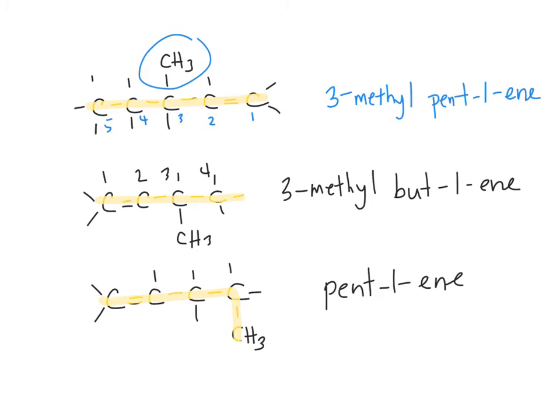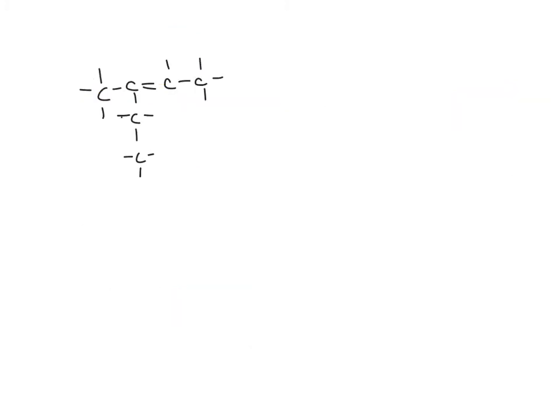Here's a challenge. Try and name this. Pause the video, try and name this, and then check your answer. This is actually 3-methylpent-2-ene. If you start from this end, don't lift your pen up, the longest continuous carbon chain is actually 5 carbons long, and that makes this carbon a side group.